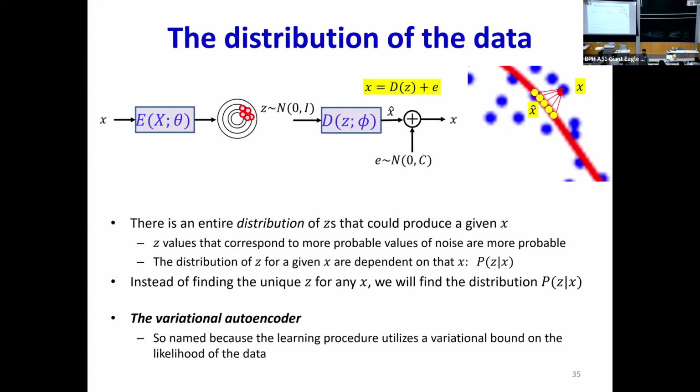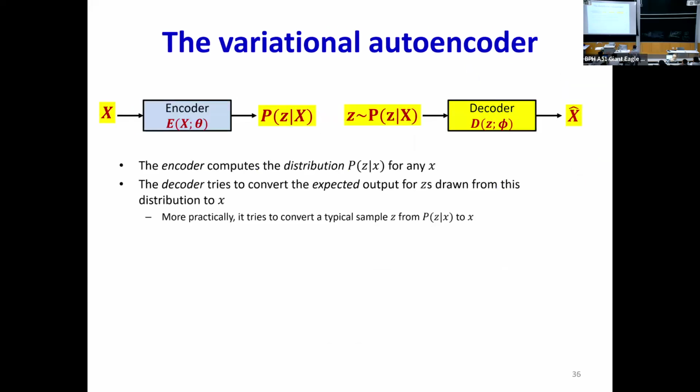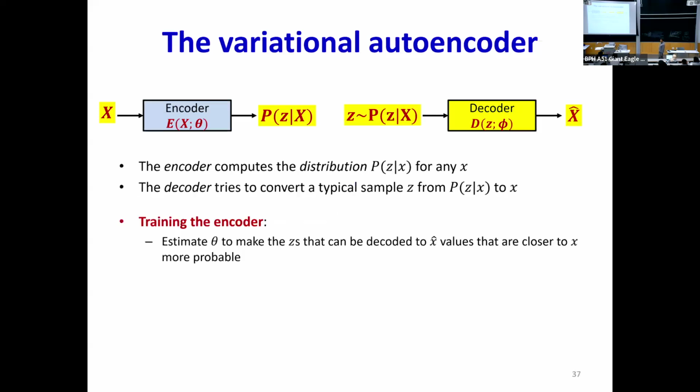But then the problem is, the encoder computes the distribution P of z given x. What are the z's that could have generated this phase? And then the decoder converts all the z's in this distribution to the phase, and you're minimizing the error, okay? Or it might typically take one sample from this distribution and try to convert it to a phase.